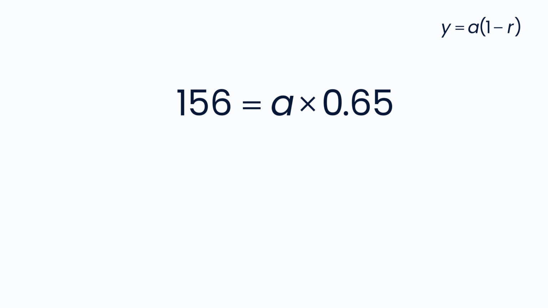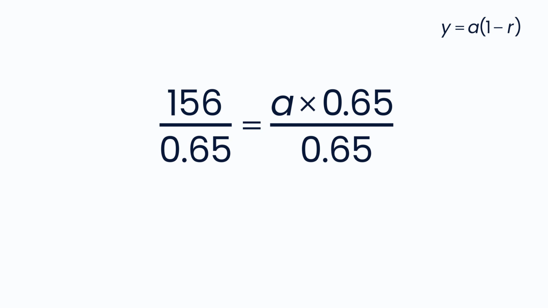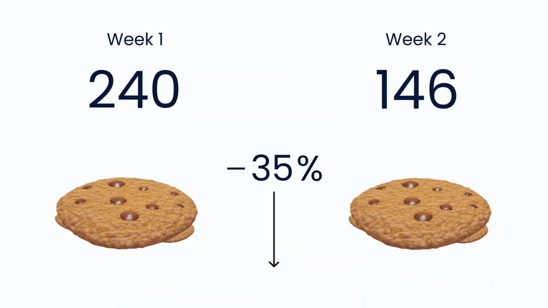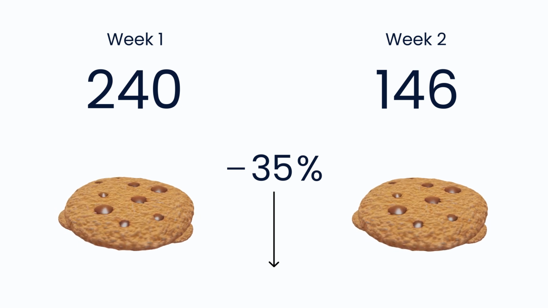You divide both sides of the equal sign by 0.65. On the right-hand side, the 0.65s cancel out. On the left-hand side, 156 divided by 0.65 equals 240. So a equals 240. That means that in Week 1, there were 240 cookies sold at the cafe.